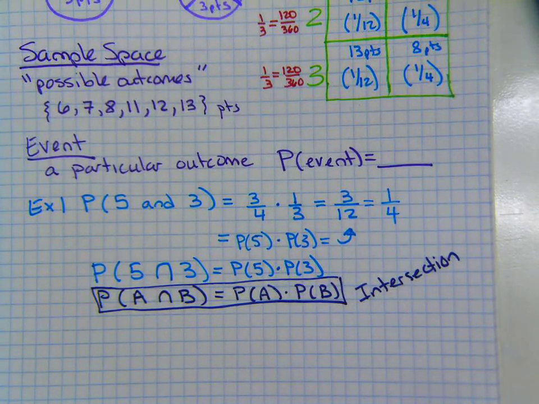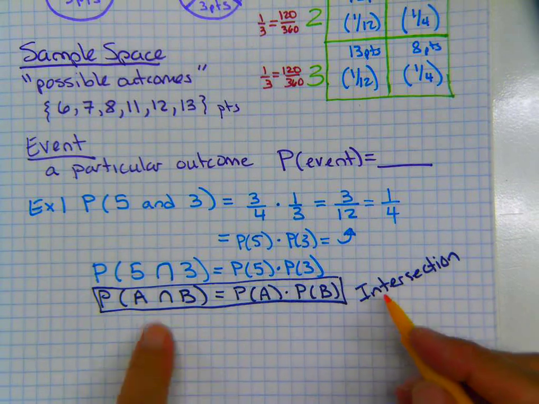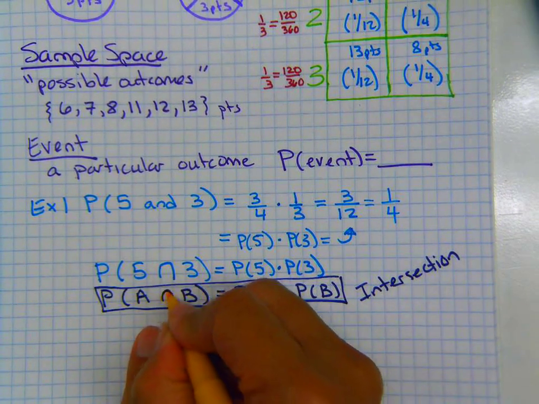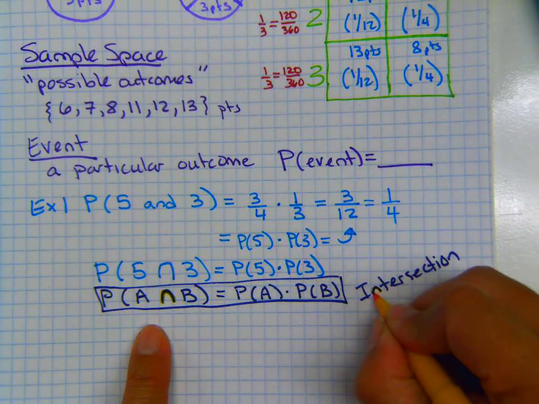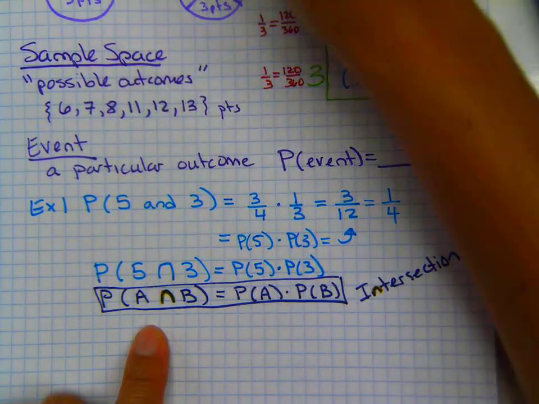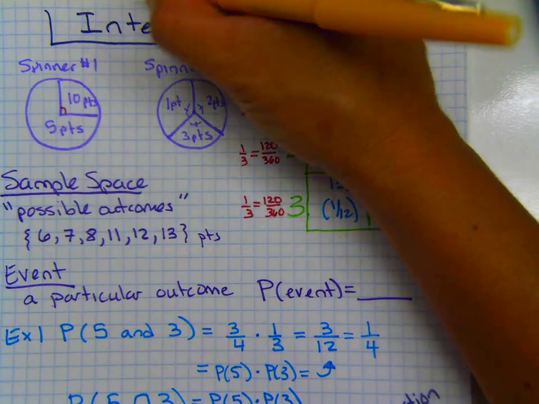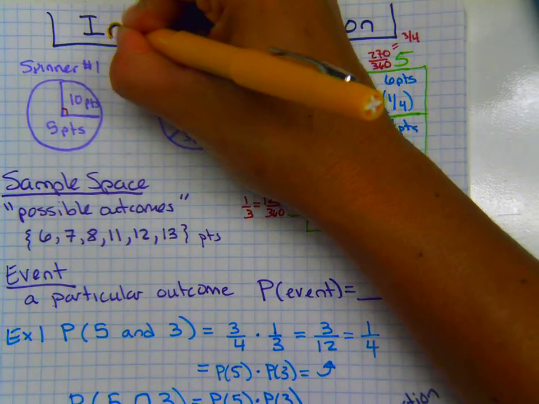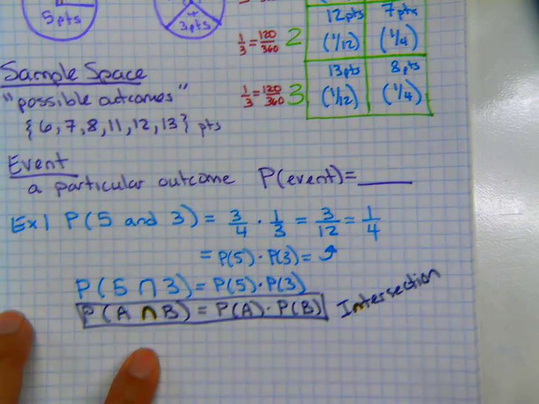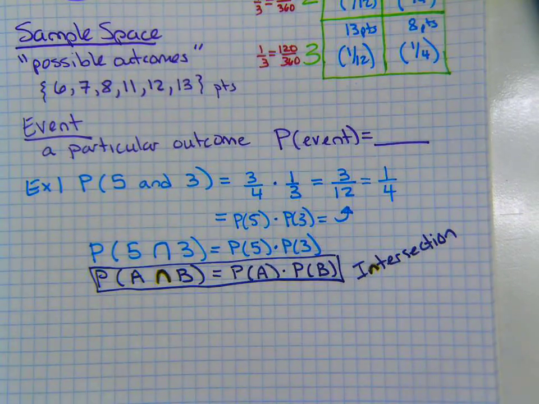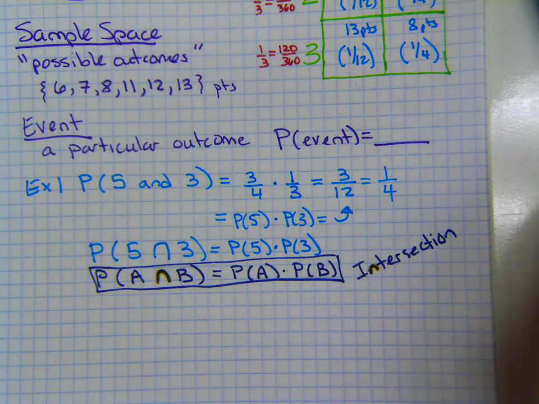So now watch this. The way you're going to remember intersection and this symbol, doesn't that look like the letter N? There's a letter N right here for intersection. We could go back up here and just highlight that. That's intersection. So now we have another situation which is called union.